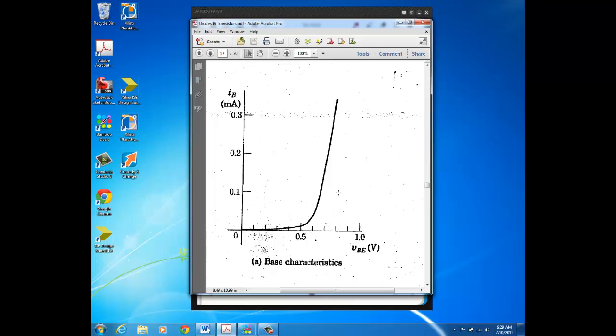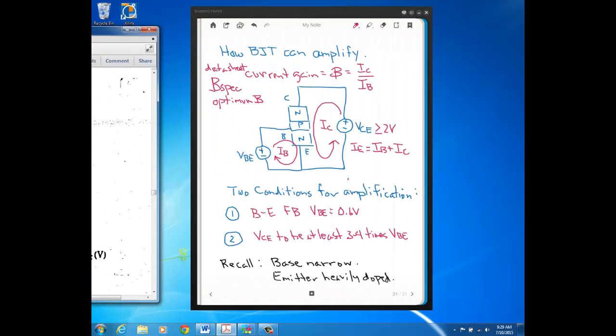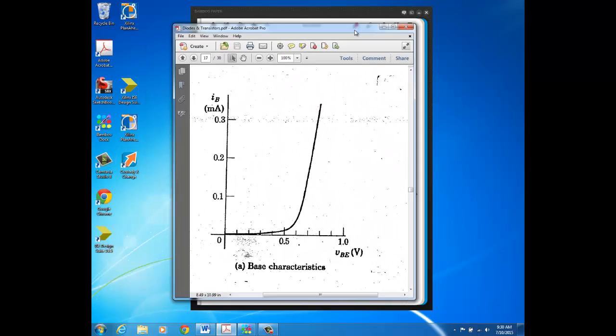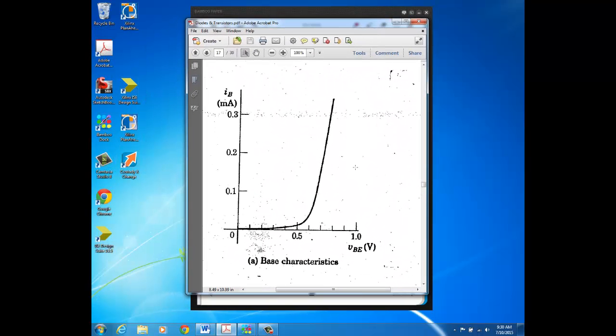And that shouldn't come as any surprise, because as we mentioned earlier, between the base and the emitter, where we have our base current flowing, and VBE is across that base to emitter part of the circuit, well, that is a PN junction, that is a diode. And one of the conditions for amplification is that that junction needs to be forward biased, and it has the drop of 0.6, so it's a turned on diode. And that's exactly what this IV curve shows.